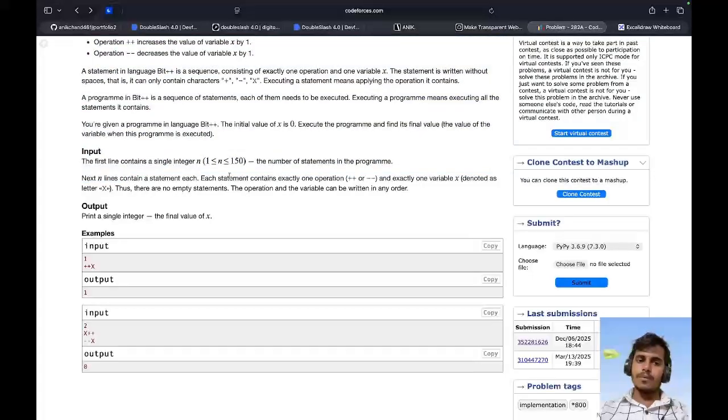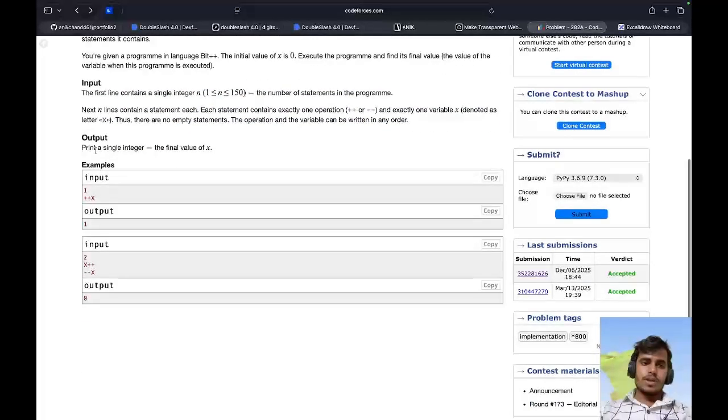Each statement contains exactly one operation, plus plus or minus minus, that is increment or decrement, and exactly one variable x, denoted as the letter x. Thus there are no empty statements. The operation and the variable can be written in any order. Print a single integer, the final value of x.